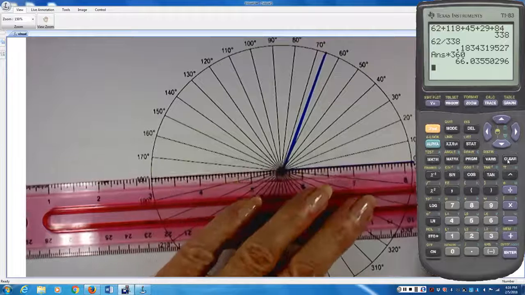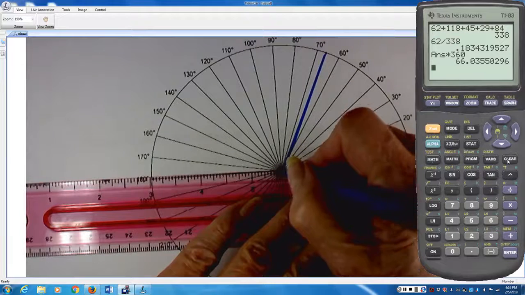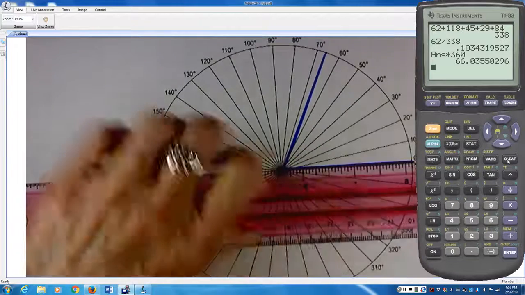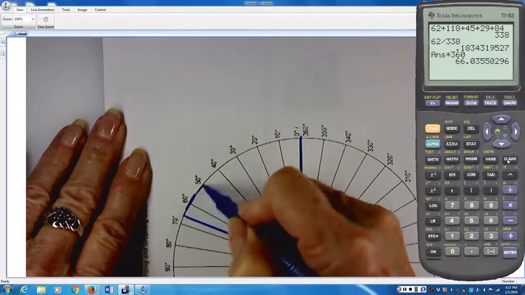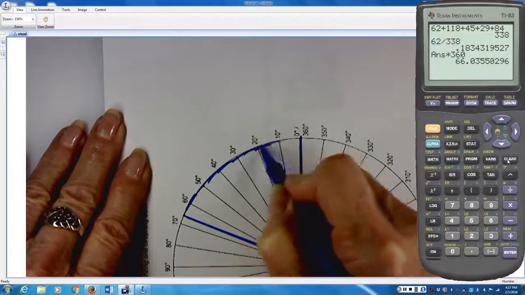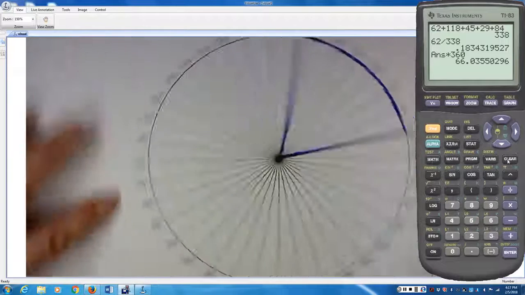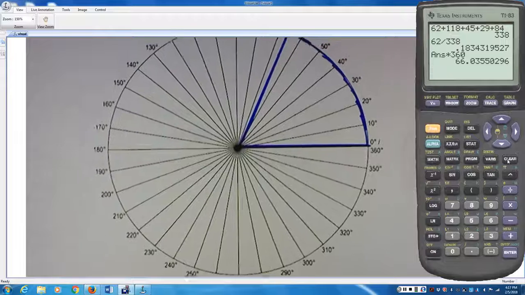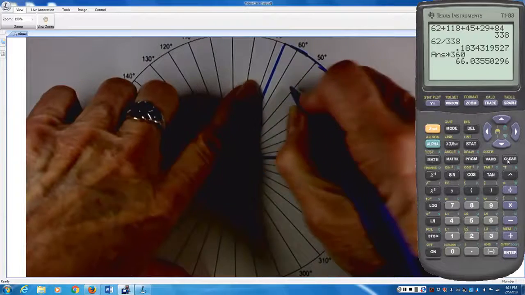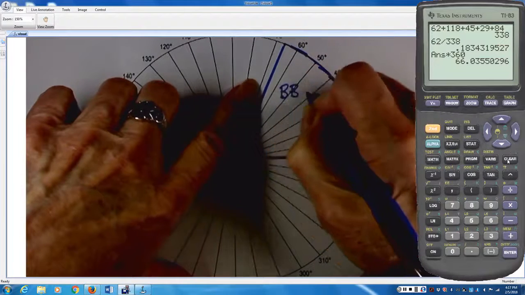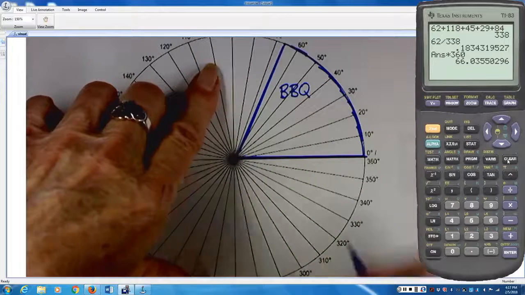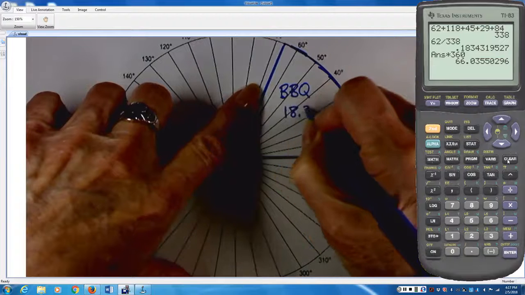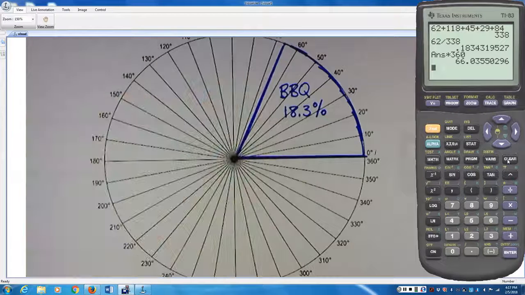And I'm going to make sure it's dark enough that you can actually see my segment. So that part of the circle represents my barbecue chips. And it is actually 0.183, or 18.3%, of sales was barbecue chips. Okay?